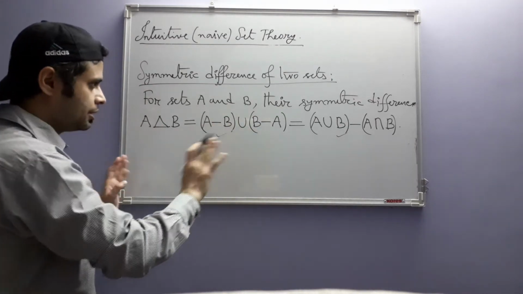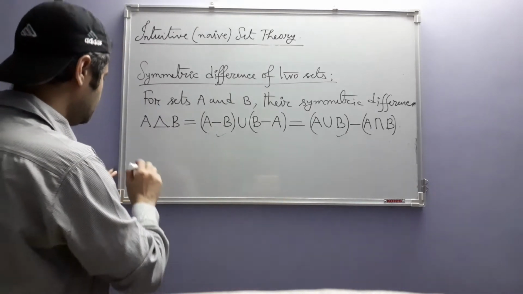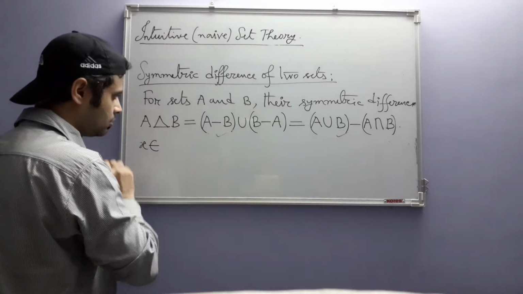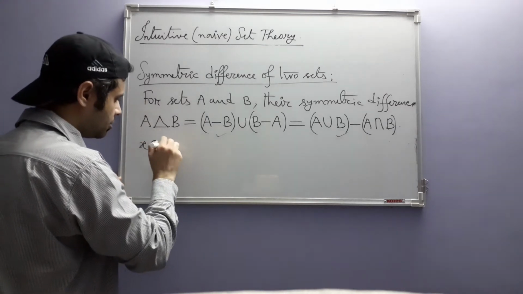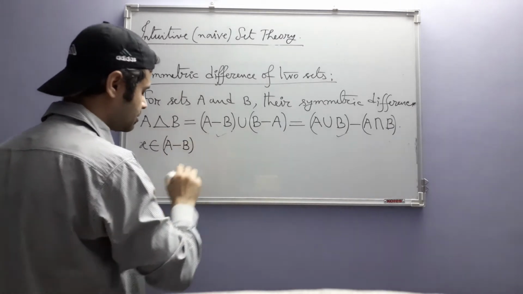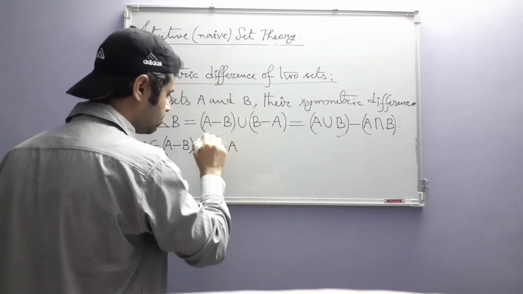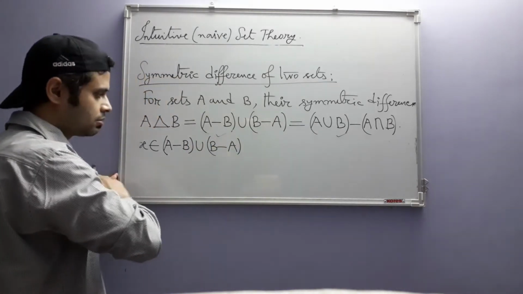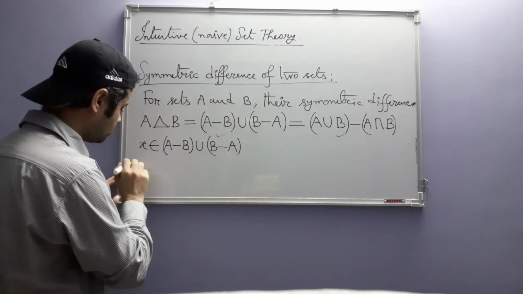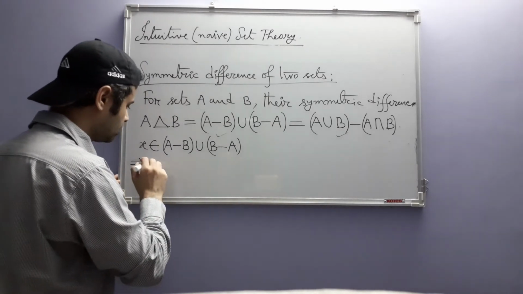Now see, here we don't have any Cartesian product or anything. So here we start by taking just simply an element. X belongs to A minus B union B minus A. And we keep on using the definitions to write it in a simple manner.